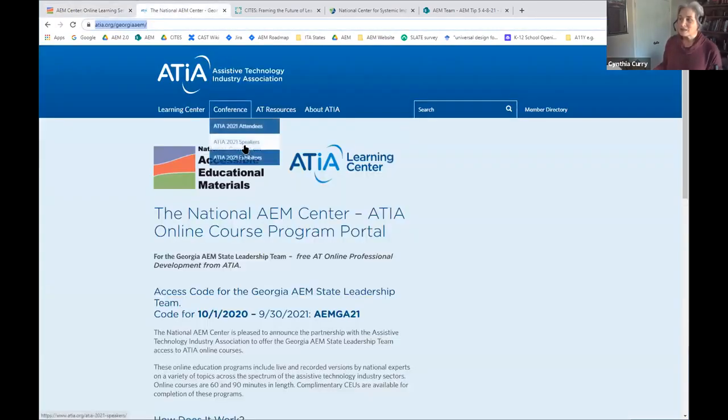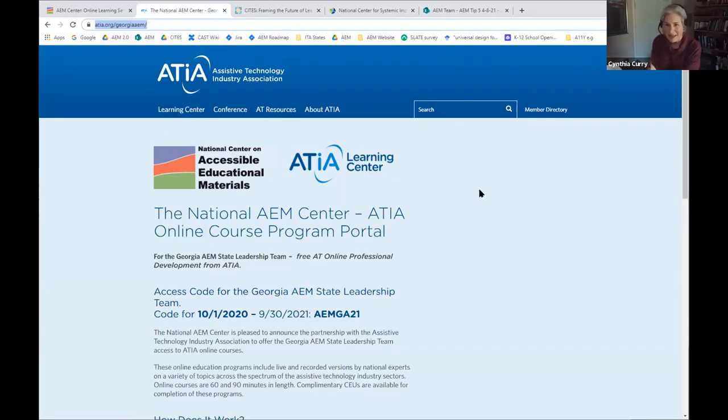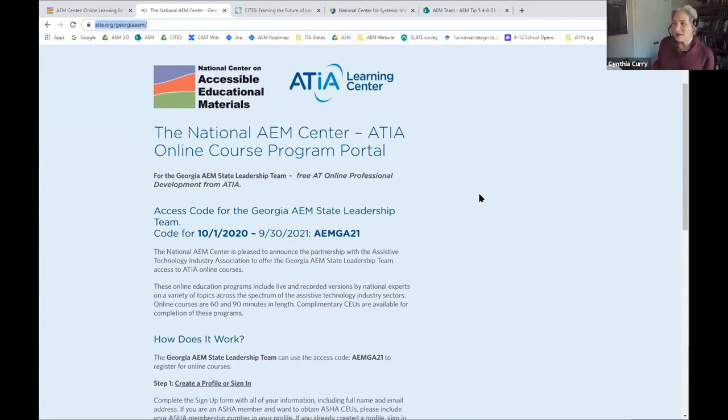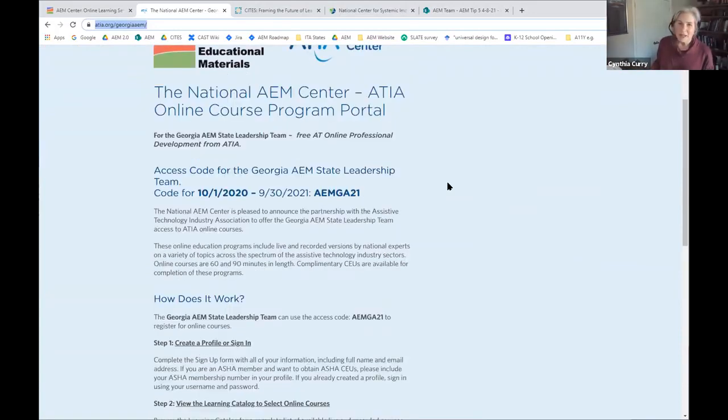The next resource for training and technical assistance that we wanted to feature is your Learning Center subscription through ATIA. As a reminder, every state in the cohort has a license for up to 40 seats for the ATIA Learning Center. What I'm showing here is Georgia's, but every state has a portal like this.